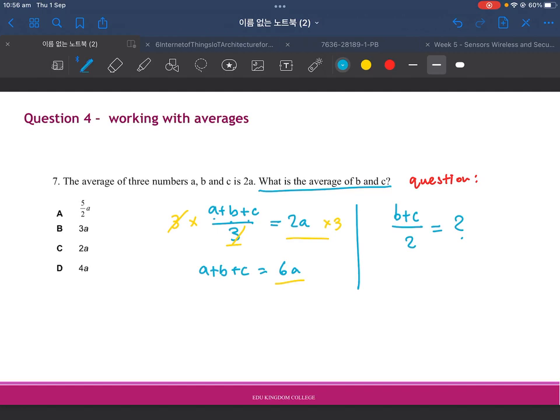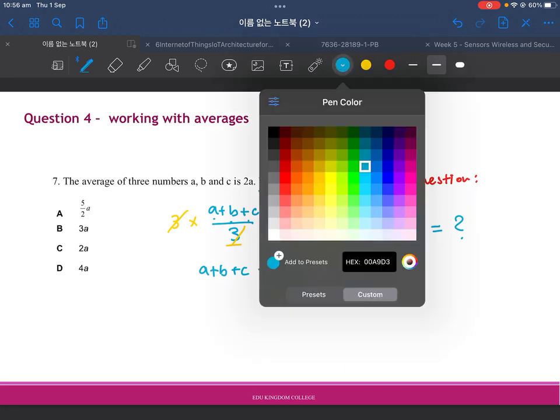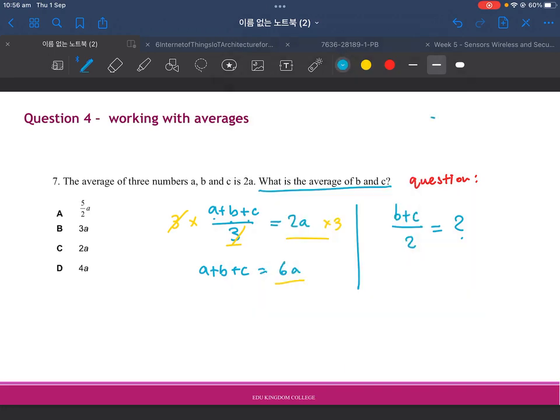Now, let's have a look back at the question. Question asked for B plus C. That's something we don't know, right? And because we don't know that, and actually, guys, another clue is, look at the answers. They're all in terms of A. Meaning that we have to somehow convert B plus C in terms of A. Okay?